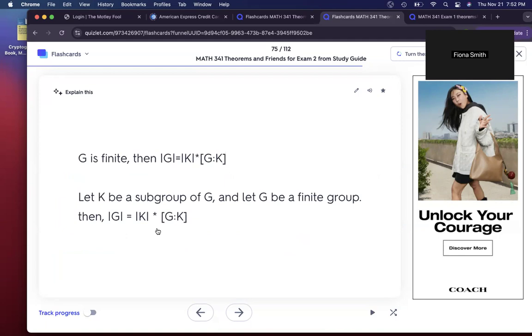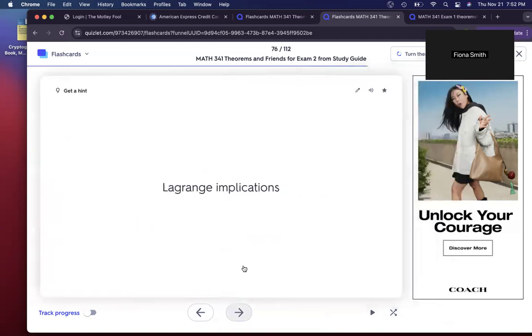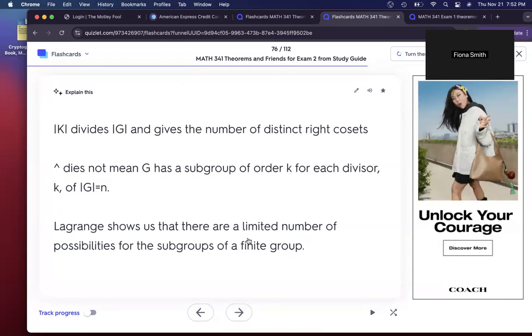K divides G, and that's by the factor of the index. However, this does not mean G has a subgroup of order K for each divisor K of the order of G. I've never really used that, but I think she could have a true or false question on that.